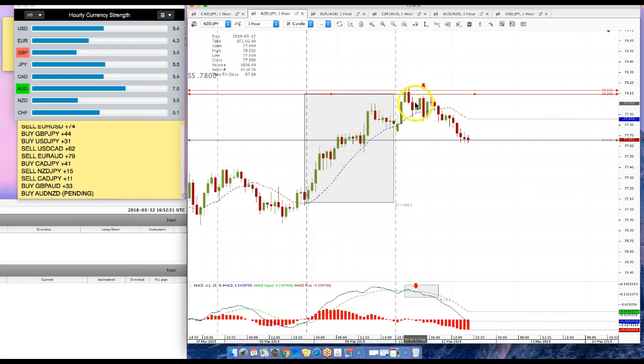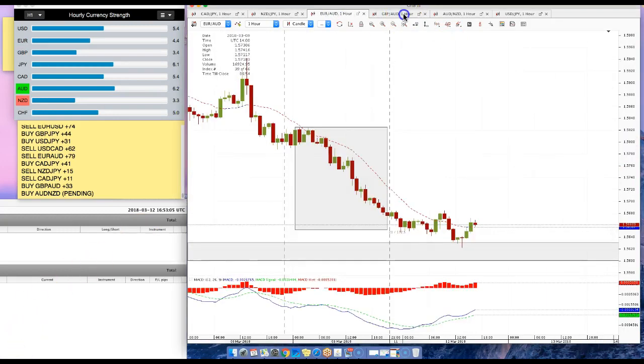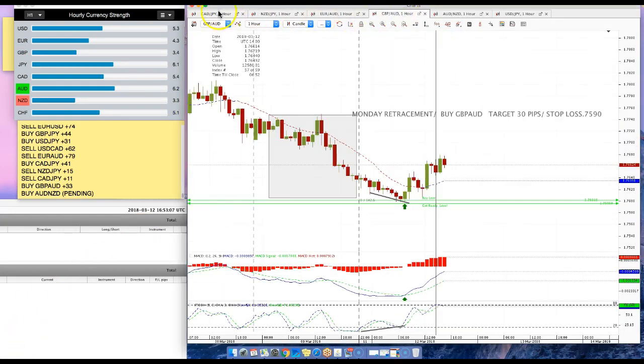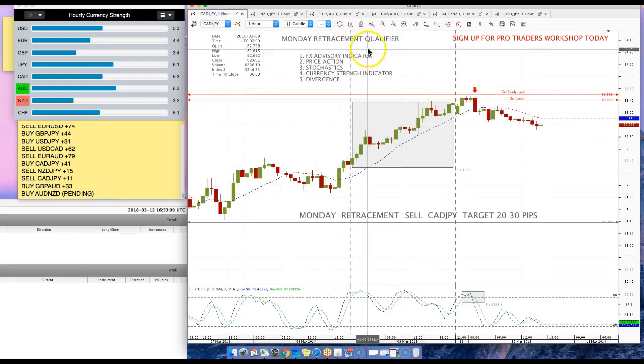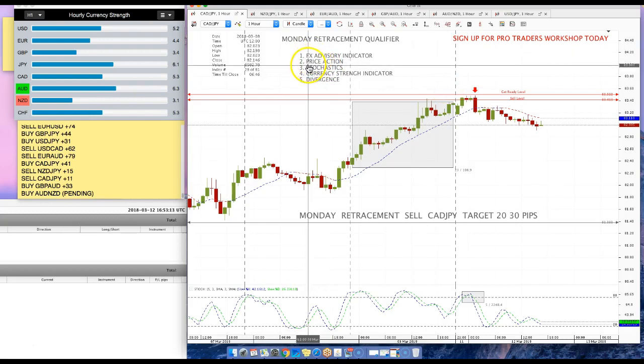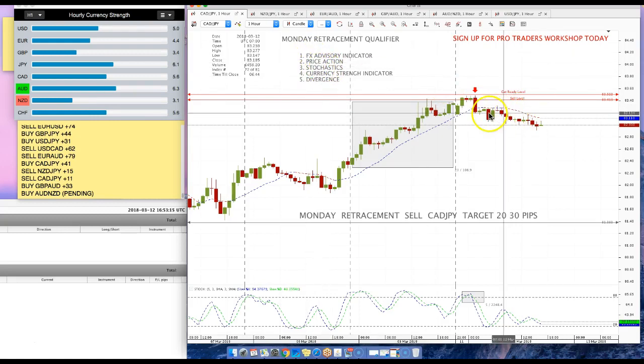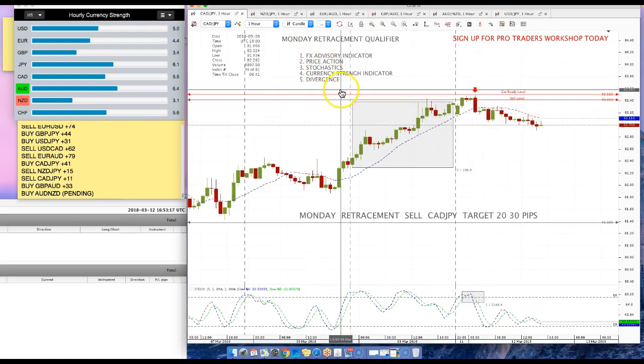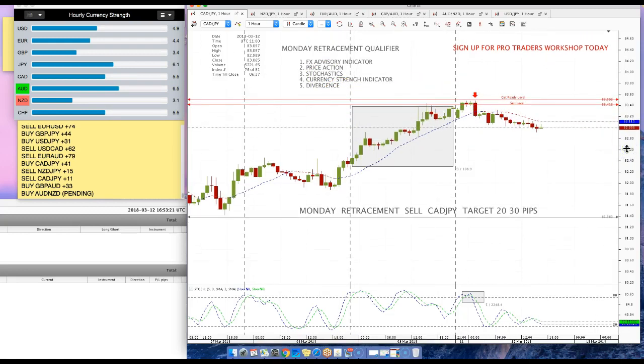Sometimes it goes from Friday and continues on to Monday and then turns around on Tuesday. But if you qualify a trade just like I showed you here, then you should be okay. You need a minimum of 3 reasons to take a trade, and you have to know what those reasons are. Otherwise, you may not make any money on a trade.